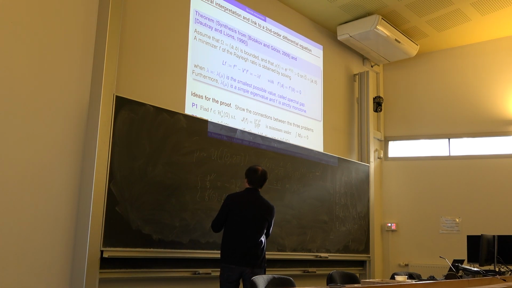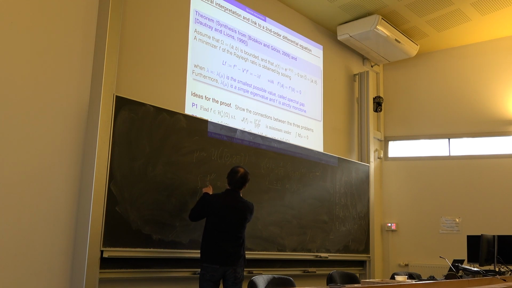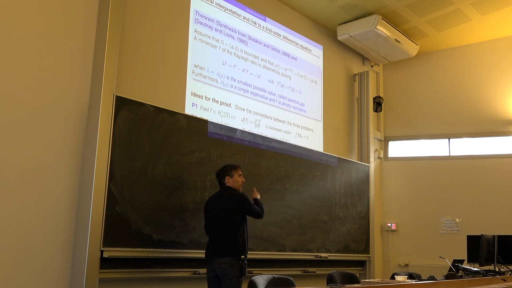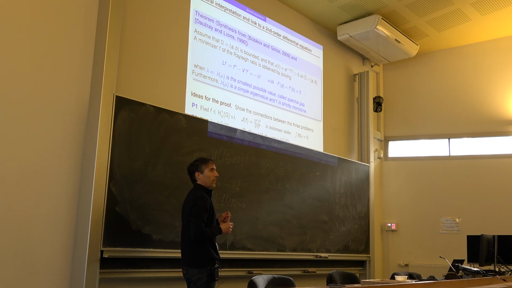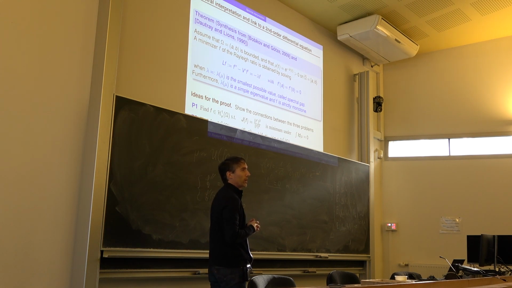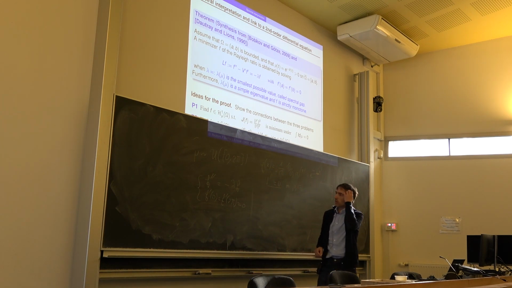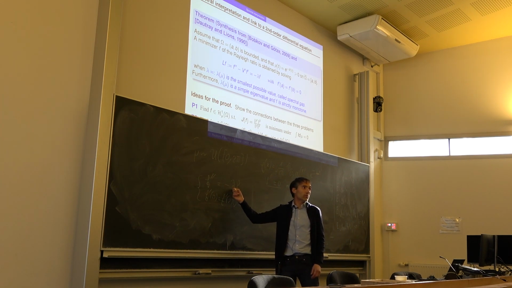So this is easy to solve, but actually it's parametrized by lambda, so it's more difficult. You have to find lambda and f with these conditions to be true. But let us try.